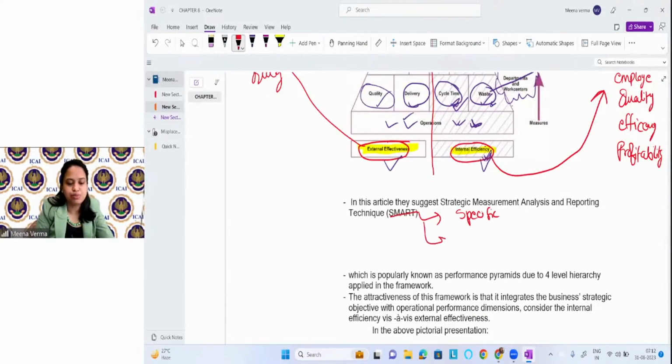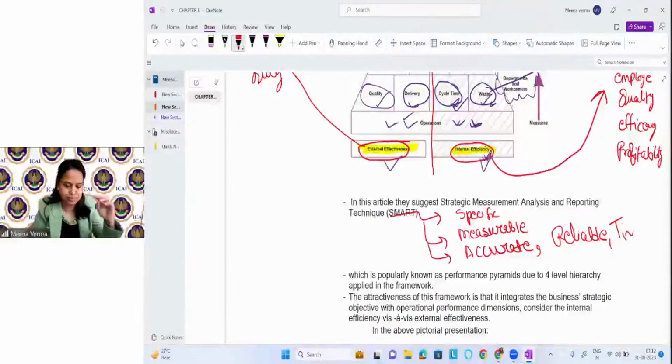Okay? It should be measurable. It should be accurate. It should be reliable. It should be on time. So in this way, it should be smart, right?